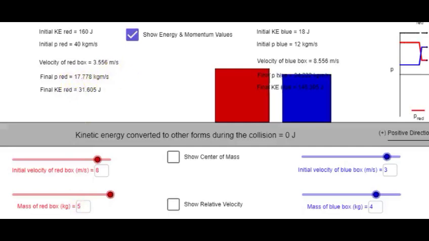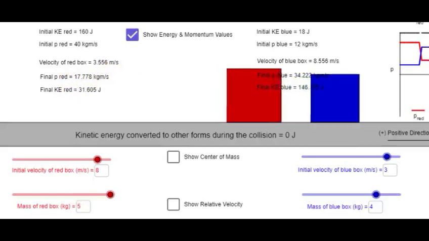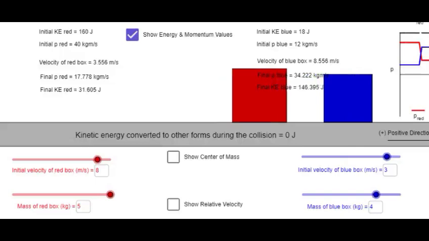If we multiply the velocity for blue, which is 8.556, with its mass 4, we should now get a momentum of 34.222. Now you realize if we add 34.222 plus 17.778, we come back to our answer, which is 52 kilogram meter per second.